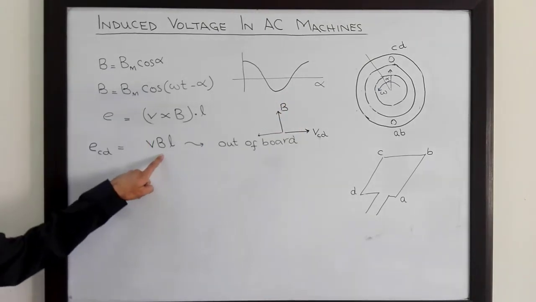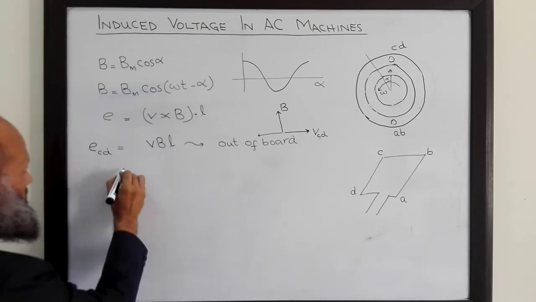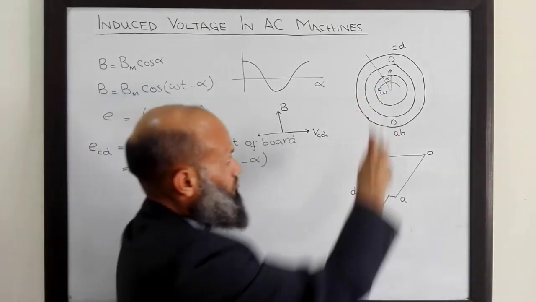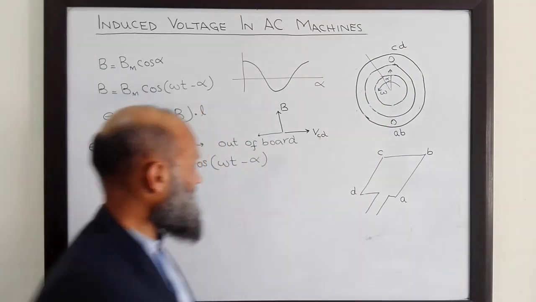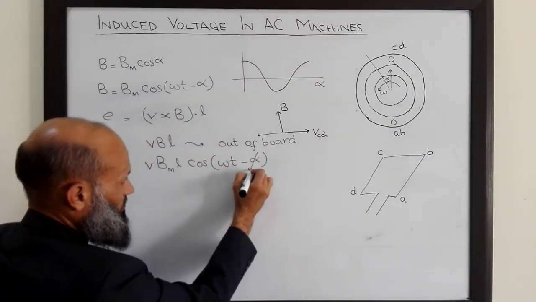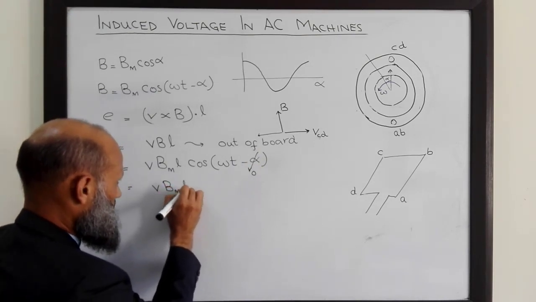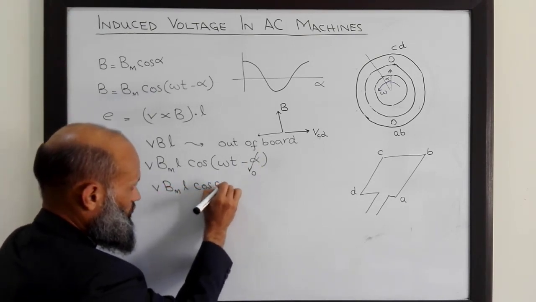What is B? B is given by this expression. We substitute it over here, and alpha corresponding to this conductor CD is equal to 0 degrees. So we have V Bm L cosine of omega t.